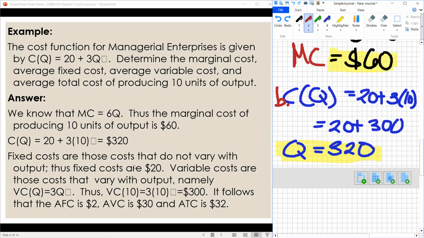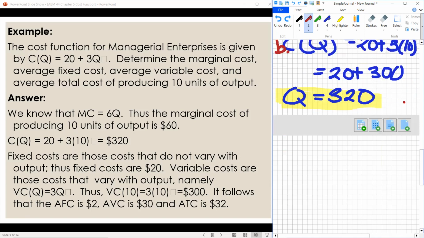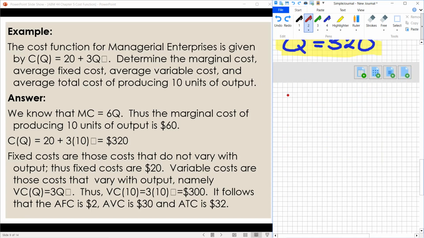So fixed costs are those costs that do not vary with the output. So thus fixed costs are 20. So as you can see here, this is automatically fixed cost because it does not vary. So that means if it has no, let's say, capital or labor, it is a fixed input. So let's try to solve this one. So letter C would be fixed input.